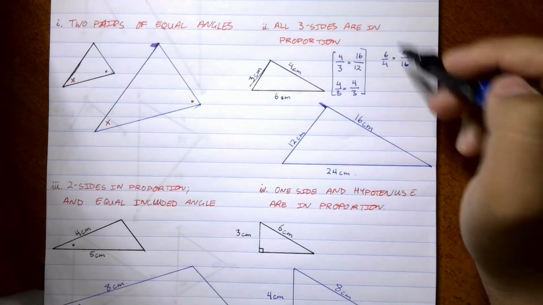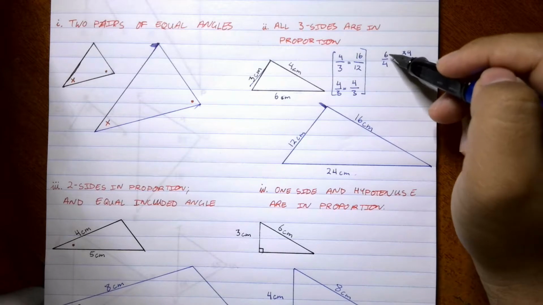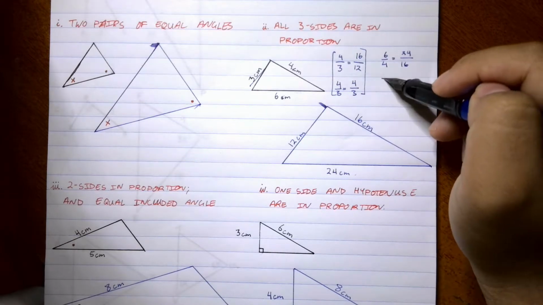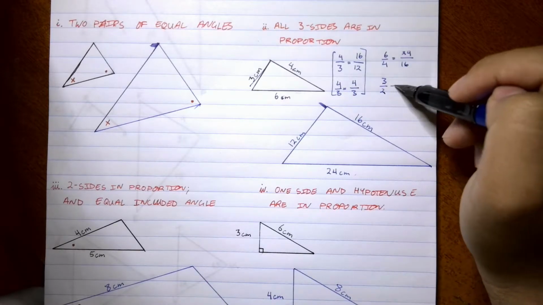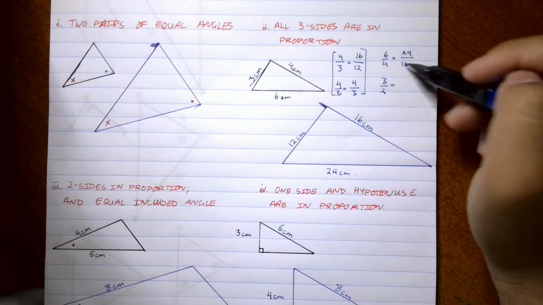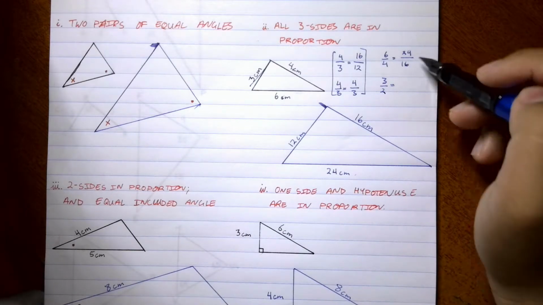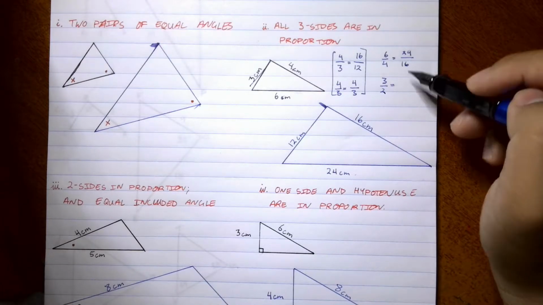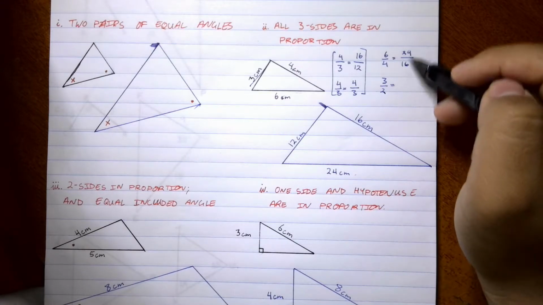We can divide this by 2 and get 3 over 2, equals, and we can divide the larger one by 8.